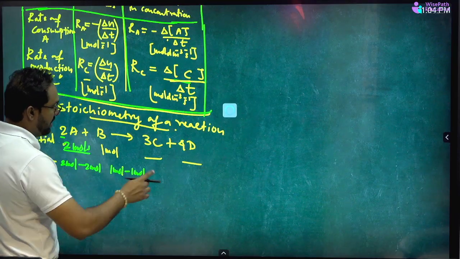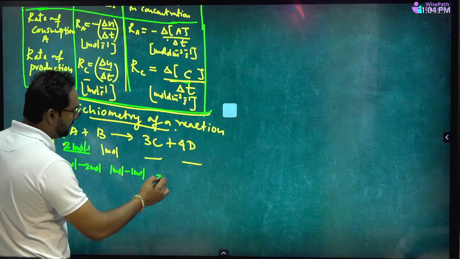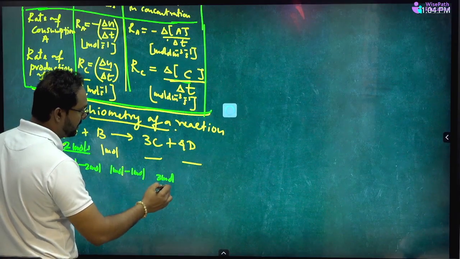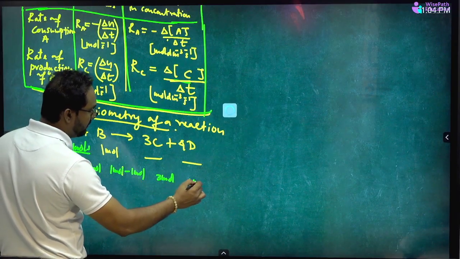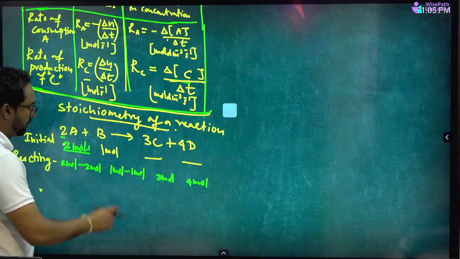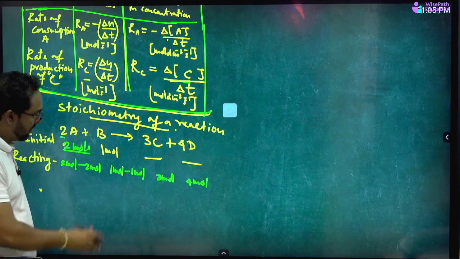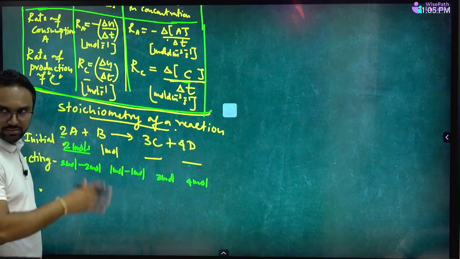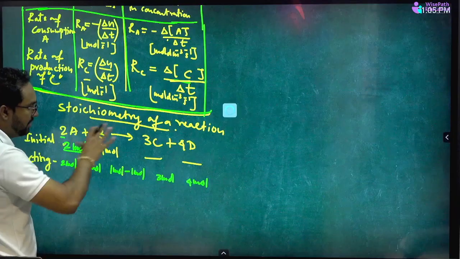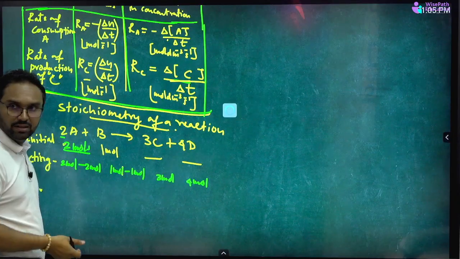And how much is produced? 3 moles of C is produced, 4 moles of D is produced. Understand that? Because the stoichiometry and the amounts are the same.